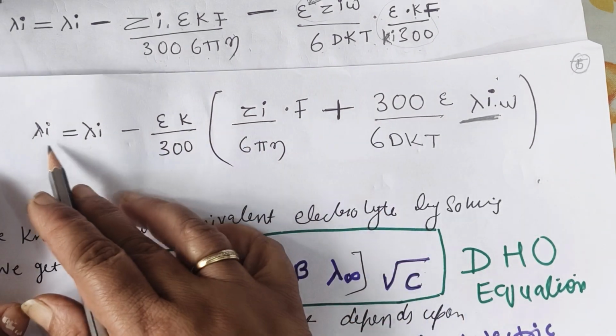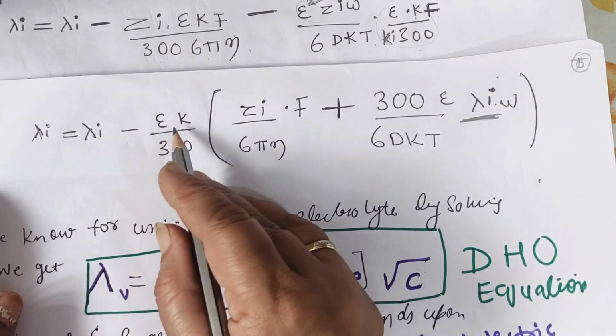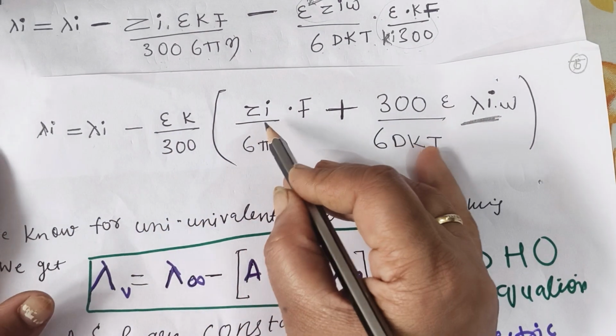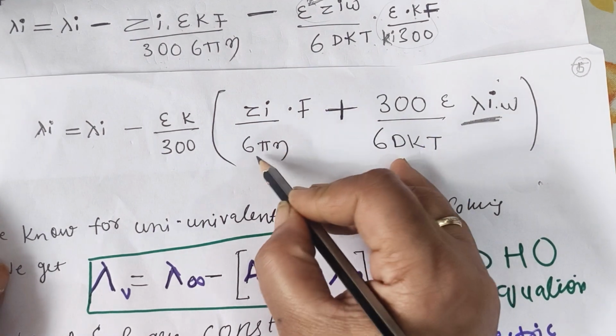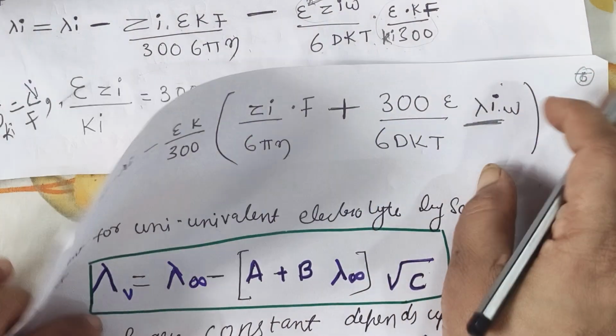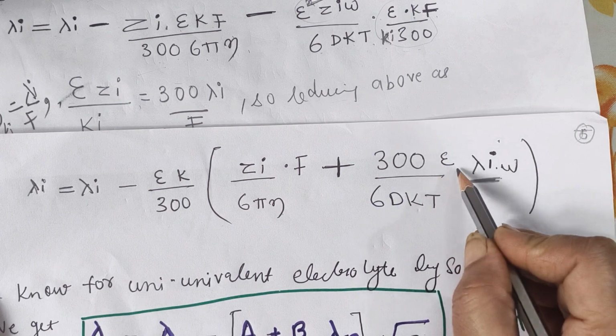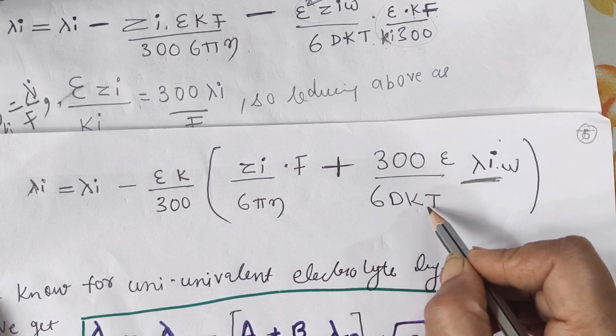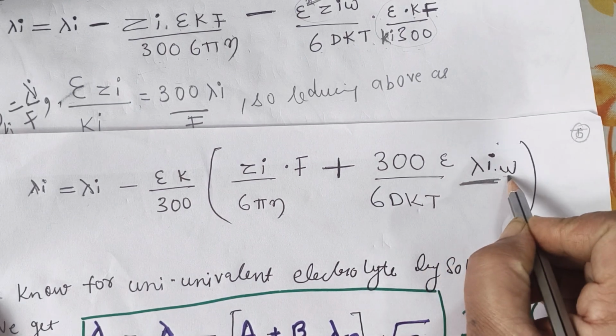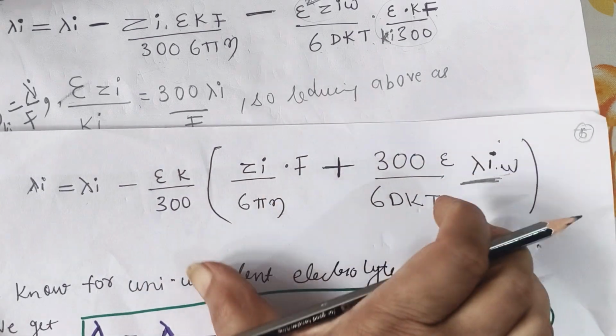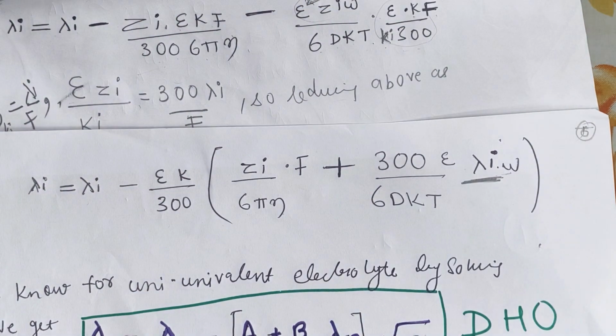So it will be equal to lambda I is equal to lambda I minus epsilon k by 300 into zi f by 6 pi eta plus 300 epsilon 3 dkt into lambda I w. So students, this is the reduced form we have solved now.